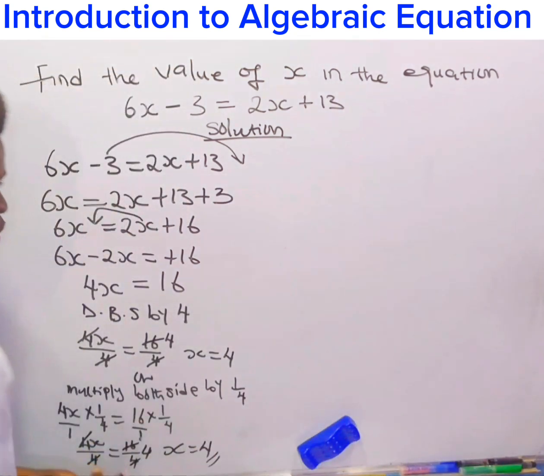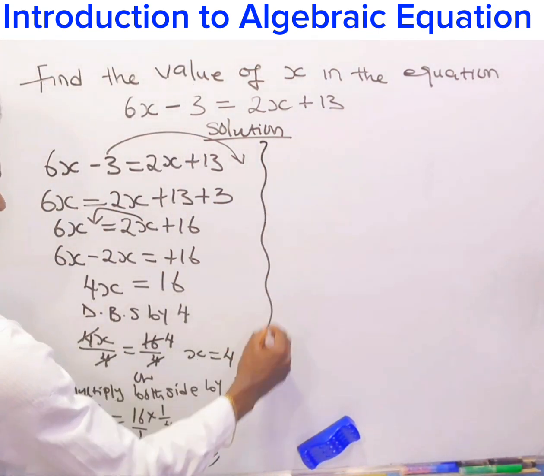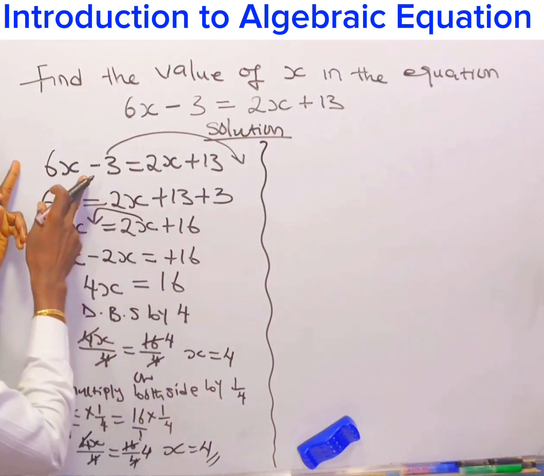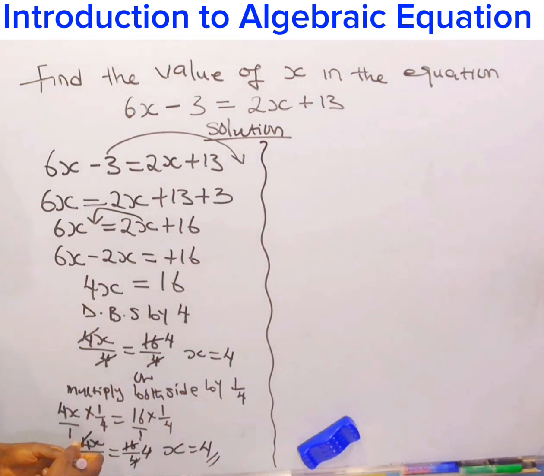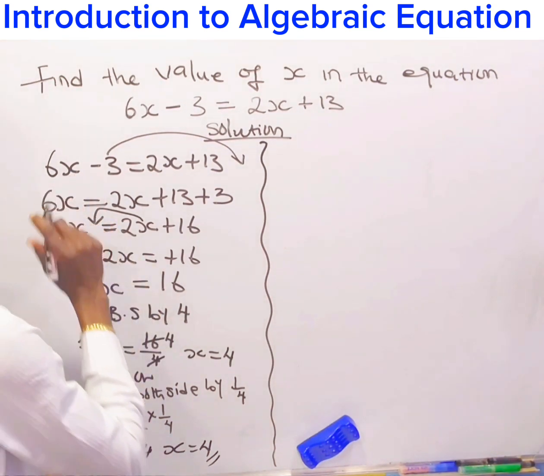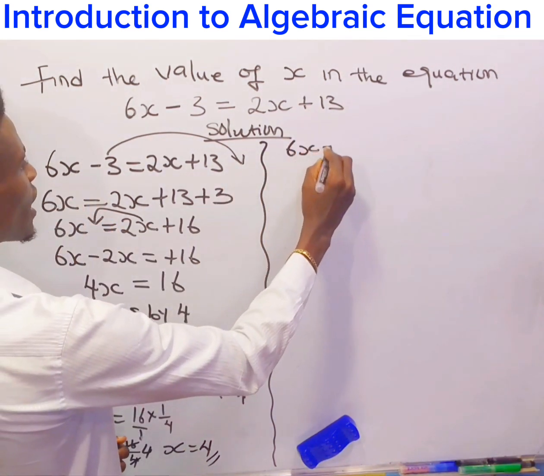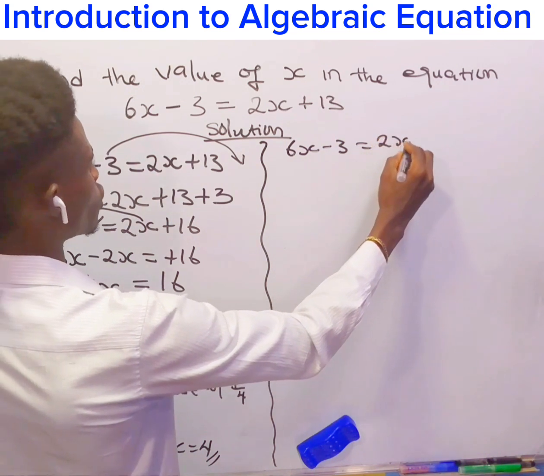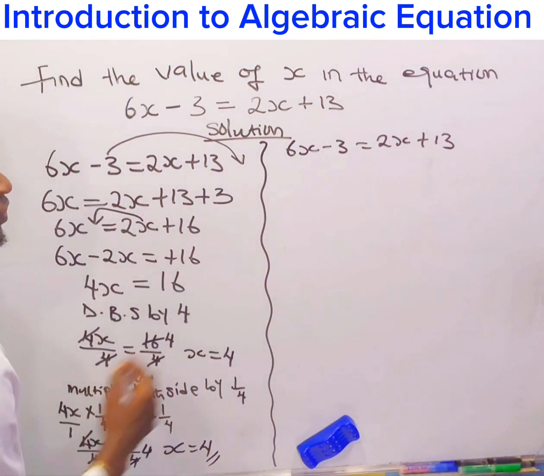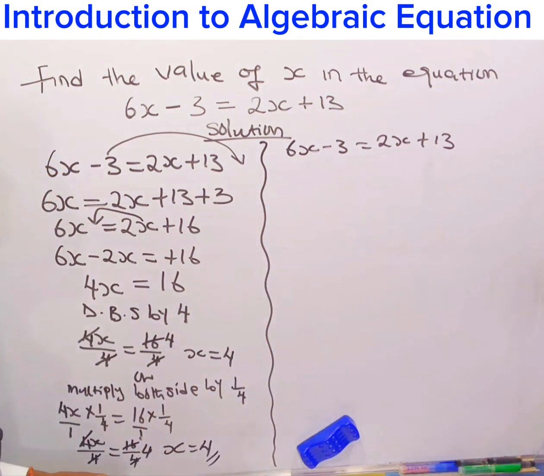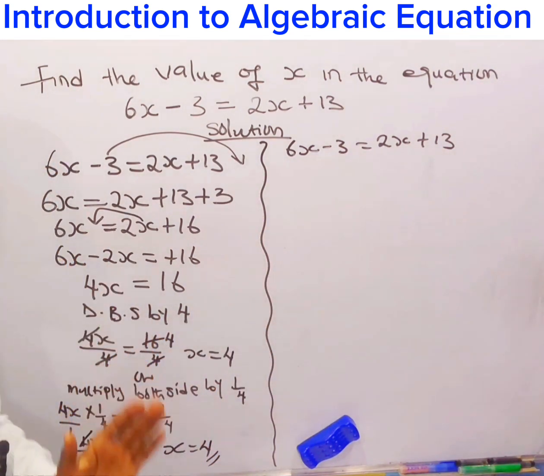So, step 2. This is collecting like terms. Our step 2 will now be using the additive inverse to solve 6x minus 3 equal to 2x plus 13. Now, additive inverse is simply used to eliminate certain terms.